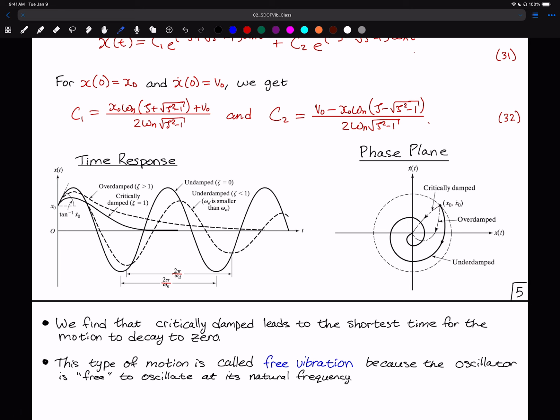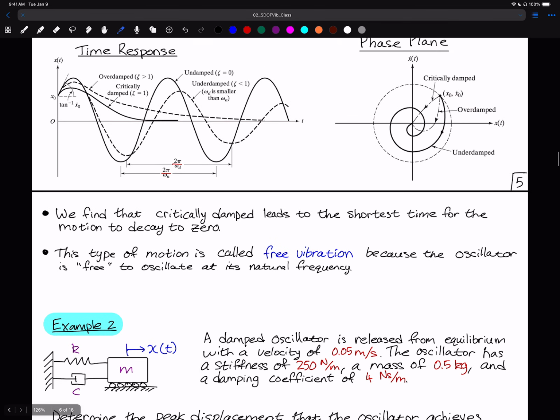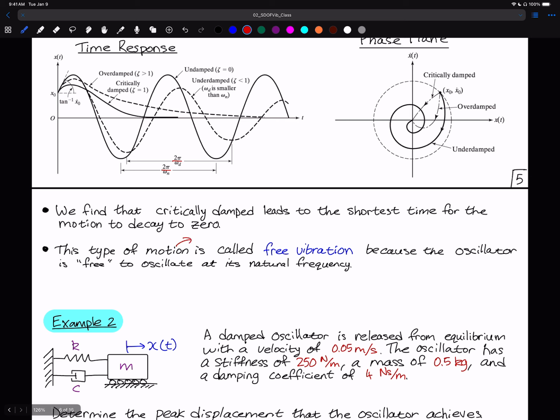Okay, so like I said, we found that the critically damped case leads to the shortest time for the motion to decay to 0. And this type of motion, or at least the underdamped case, this should say underdamped, is called, in fact, actually this applies to all of this.